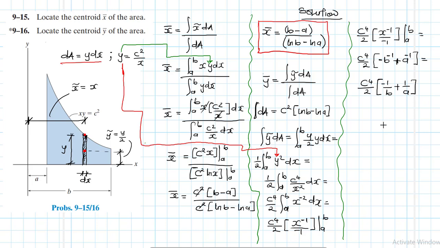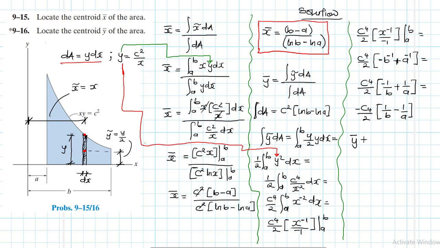Okay, so the final solution therefore, if you wanted to, we can factor out the minus outside, so it becomes minus c to the power 4 divided by 2, then 1 over b minus 1 over a, something like this. I think this looks better. All right, now let's work out the final solution.